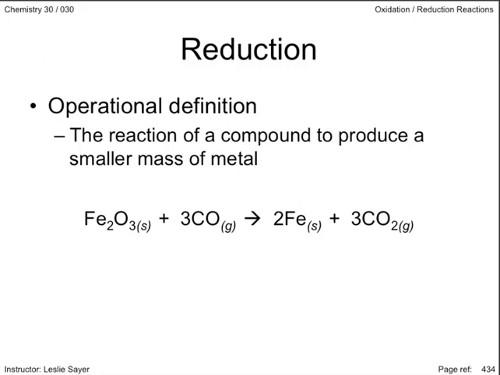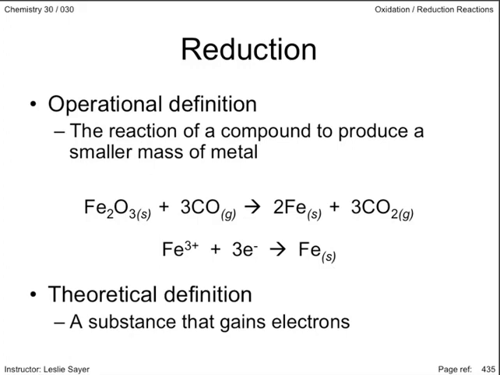The iron oxide ore is reduced to iron metal. Specifically, the iron ion is gaining 3 electrons to become iron metal. Reduction, then, can be defined as the gaining of electrons.